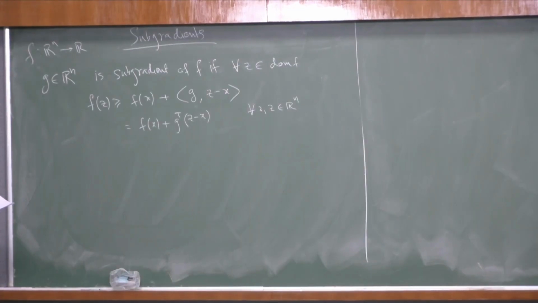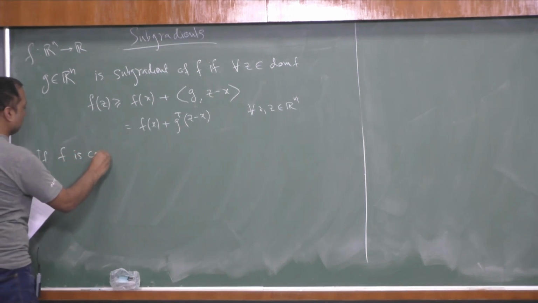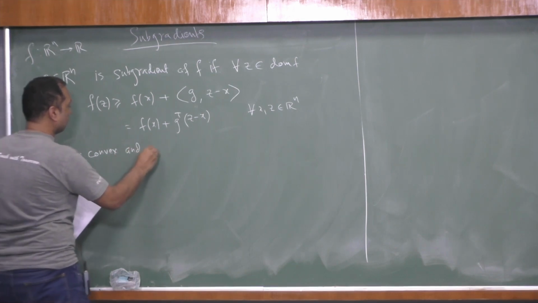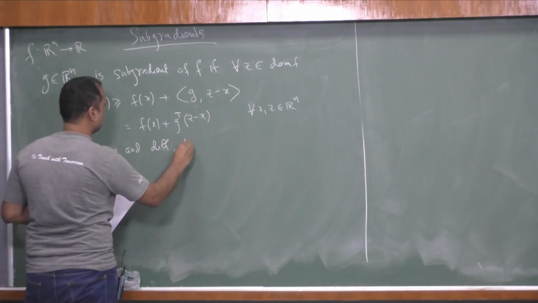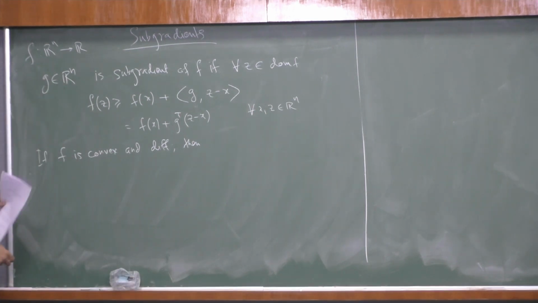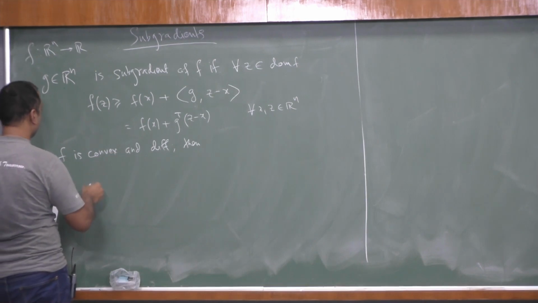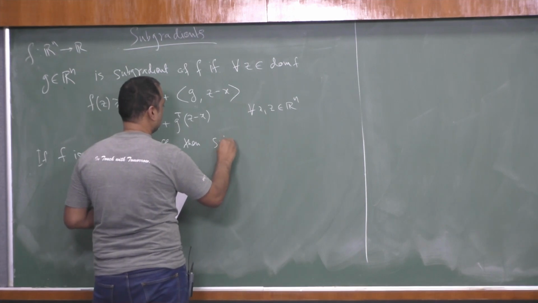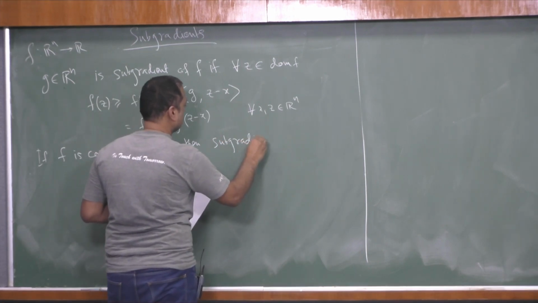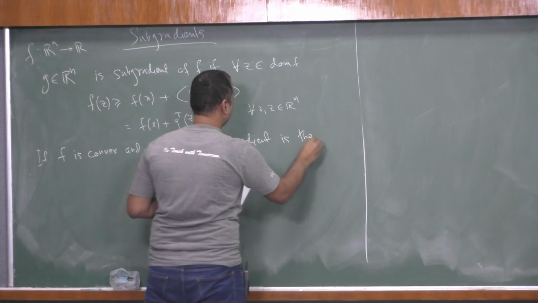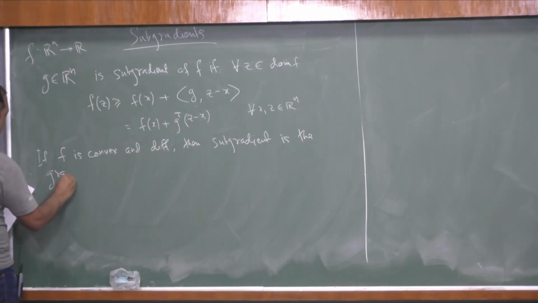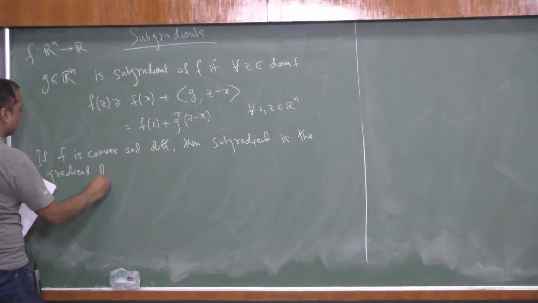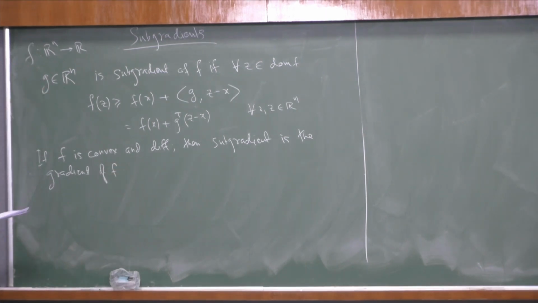So if it so happens that f is convex and differentiable, then the subgradient is the gradient itself, the usual gradient of f.